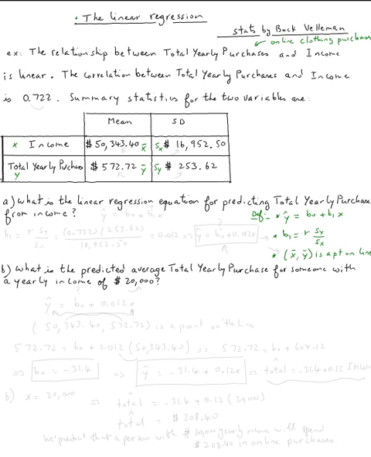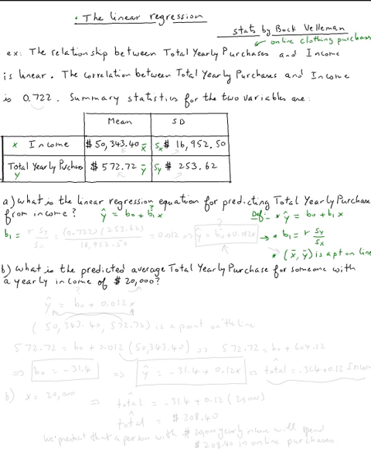Alright, so the question here: what is the linear regression equation for predicting total yearly purchases from income? We're looking for predicted y equals b0 plus b1x, right? First we need to find b1, and the formula is right there.